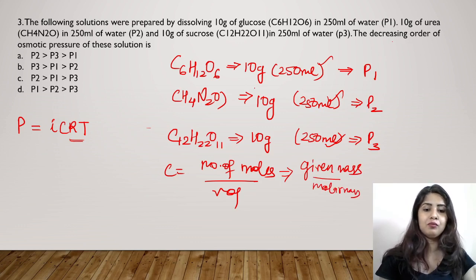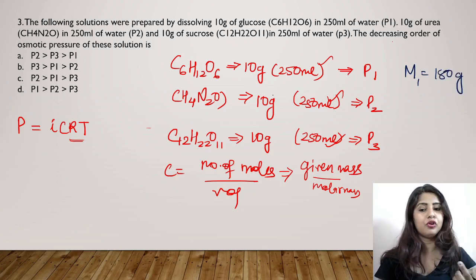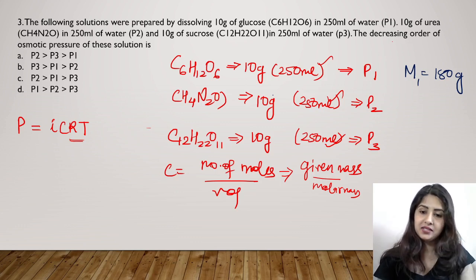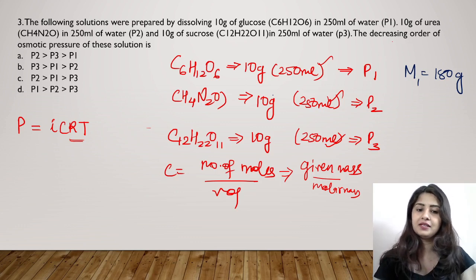So I'll just write the molar mass over here. M1 I will write for glucose, so it is 180 gram. I hope you know how to calculate the molar mass. You just need to add the atomic masses of all the atoms present in the compound and you will get the molar mass.